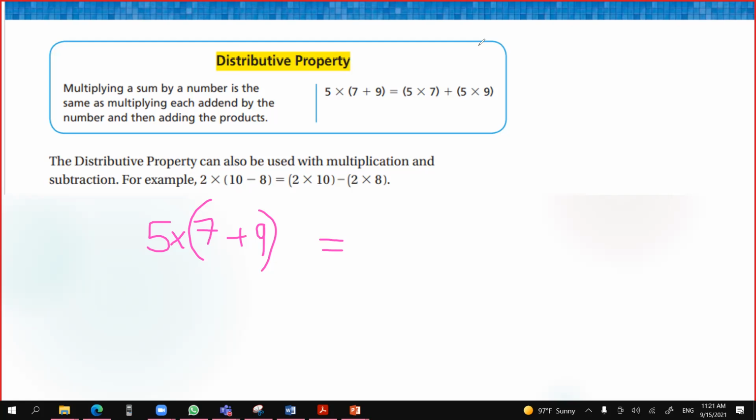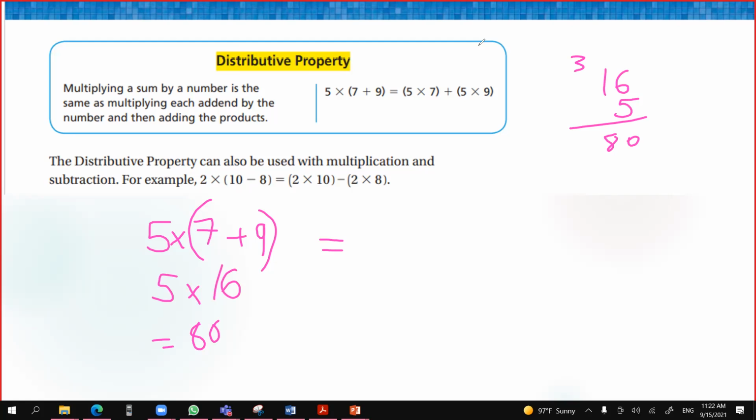Is it right, grade 5? Yes. So here, this is 16. Now we multiply it by 5. 5 times 6, 30. 5 times 1, 5. 5 plus 3, 8. So the answer is 80.